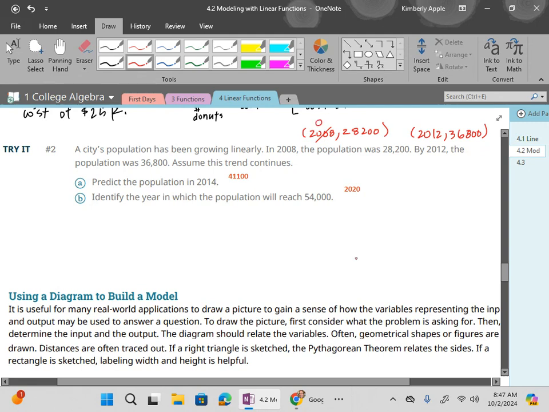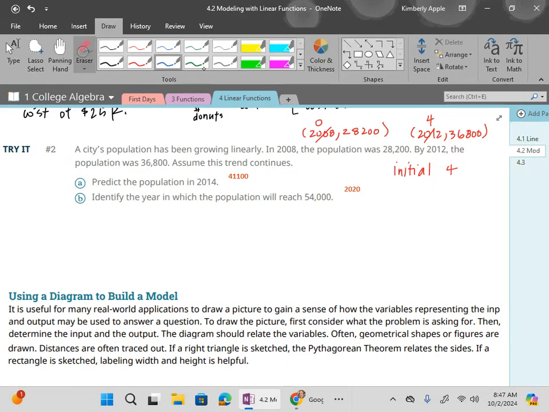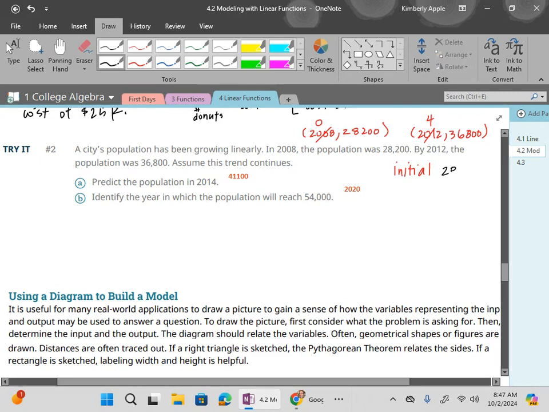I want that to be 0. We're going to define the input to be time after year 0, or 2008. So this would be 4. Much easier. So the intercept is 28,200.